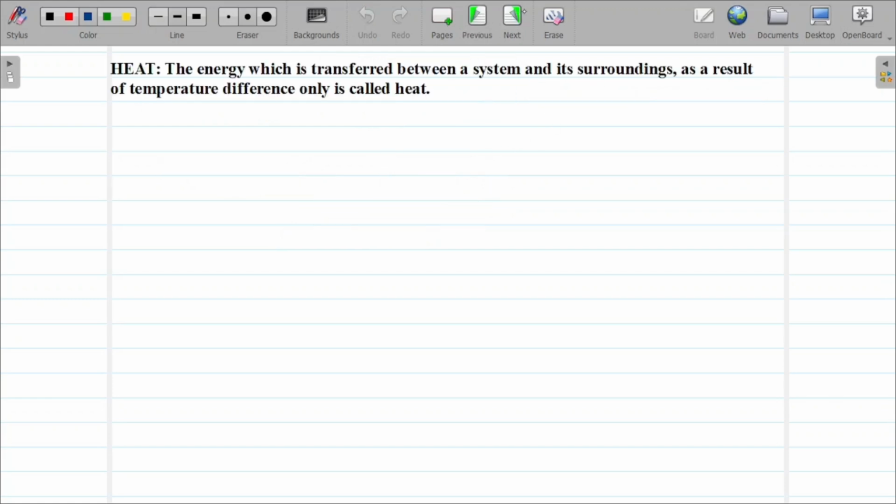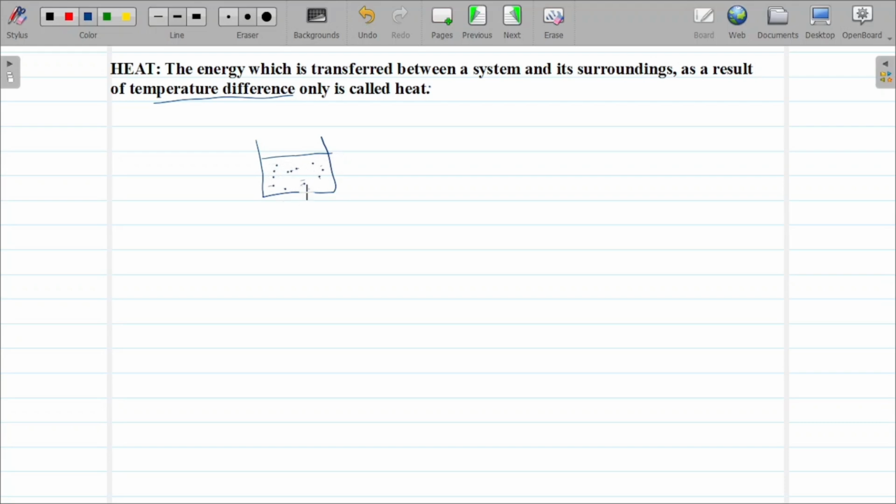Now we are going to discuss heat first. What is meant by heat? The energy which is transferred between a system and its surroundings as a result of temperature difference only is called heat. For example, I have one container here, full of liquid. Let's consider water itself.